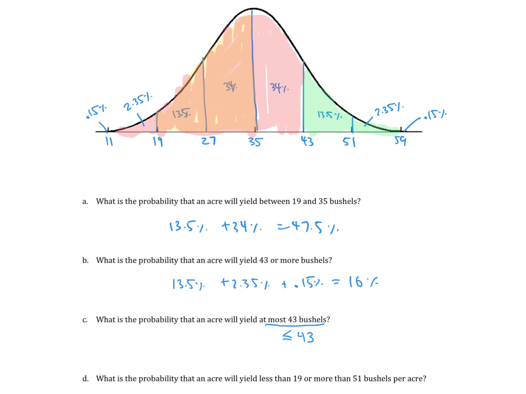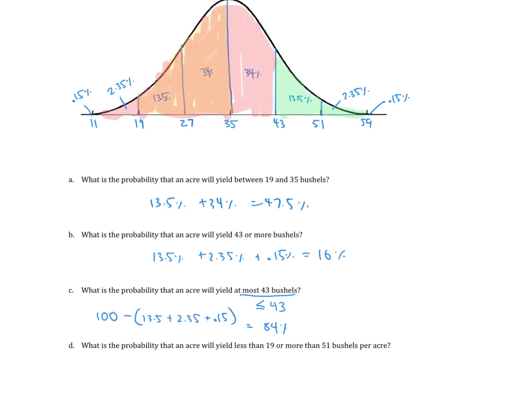And since it's so much of it, it might be easier to do 100 minus the part that I didn't shade. So I'm going to do that. 100 minus, I didn't shade the 13.5, the 2.35, and the 0.15. And so that gives me 84%.